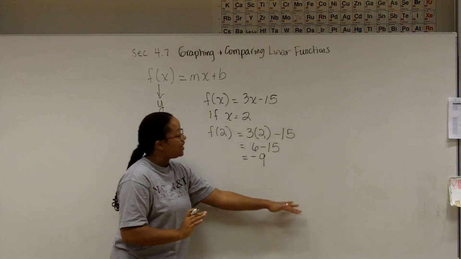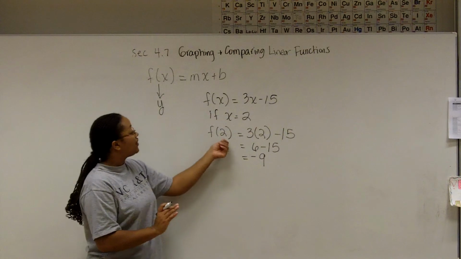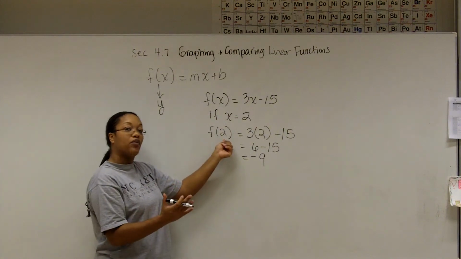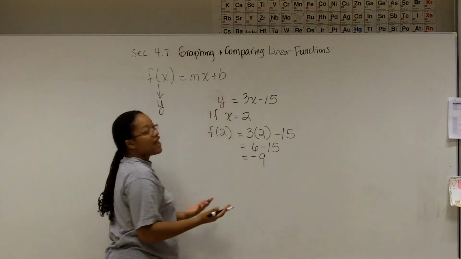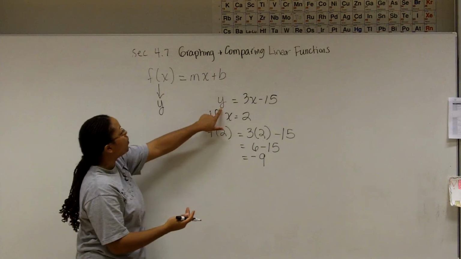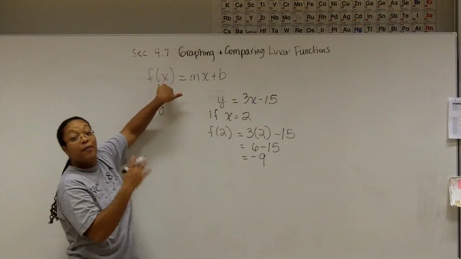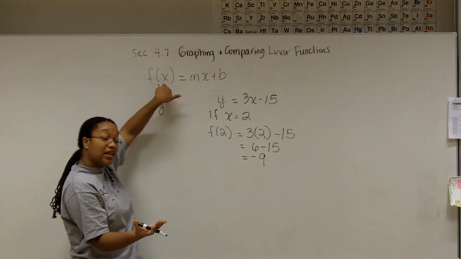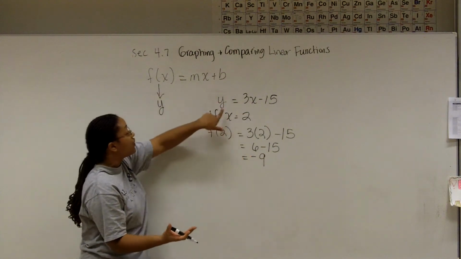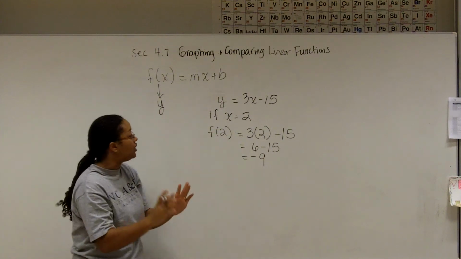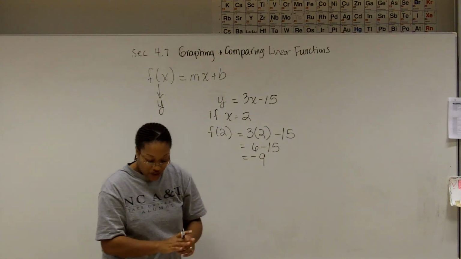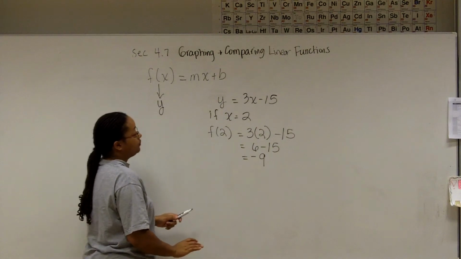So this whole right-hand side is going to be the same. This left-hand side is just a different way of writing it. If this was a y, you would know exactly what to do. Well, since this y and this f of x basically have the same meaning, then you're going to do the same thing as if that was a y. You're just going to write it a little differently. So just keep that in mind. There's no need to get all bent out of shape. We're doing the same thing.